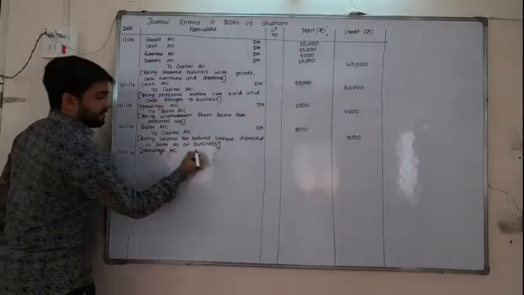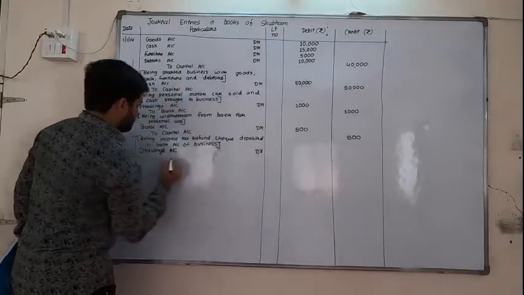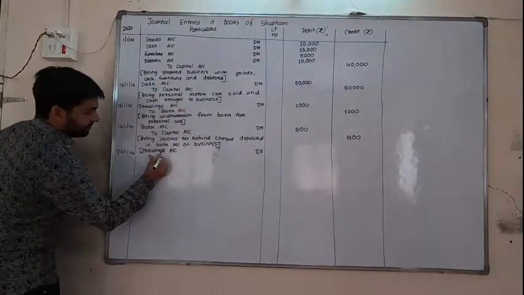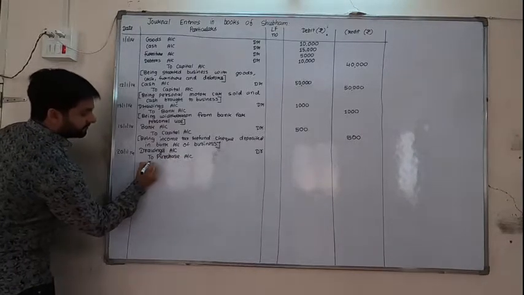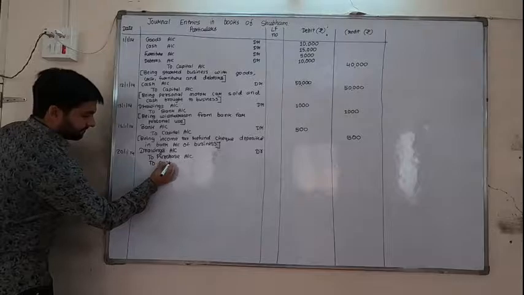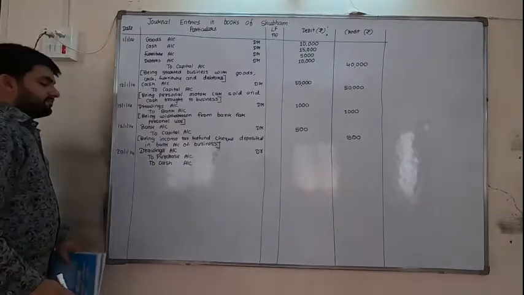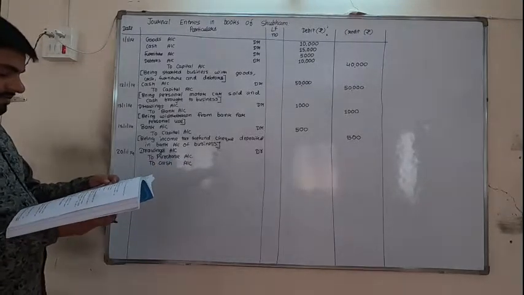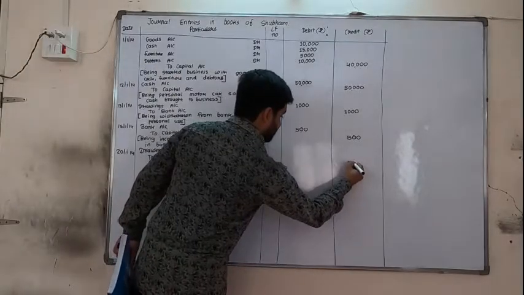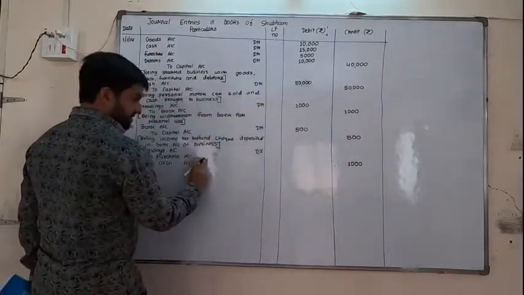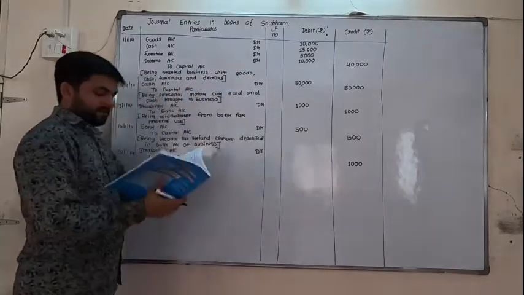So drawings account debit to purchase account, to cash account. Now we are withdrawing goods of 1000, so in purchase account it is 1000.